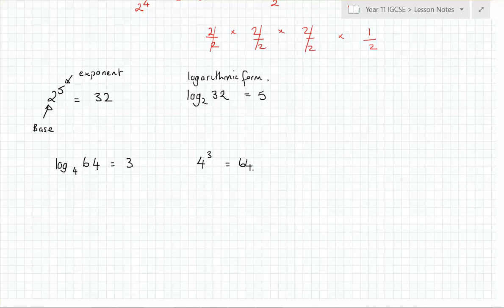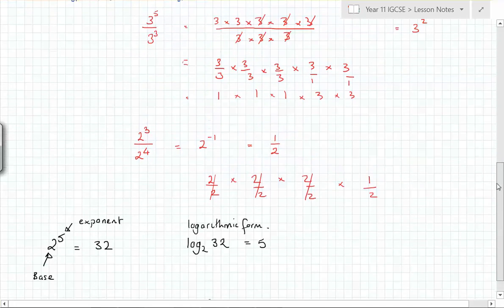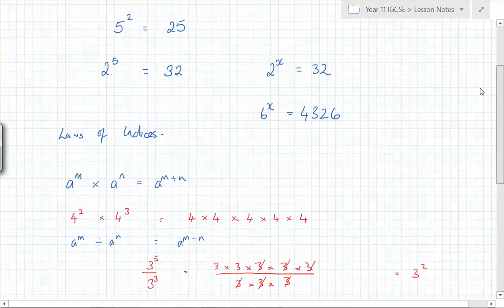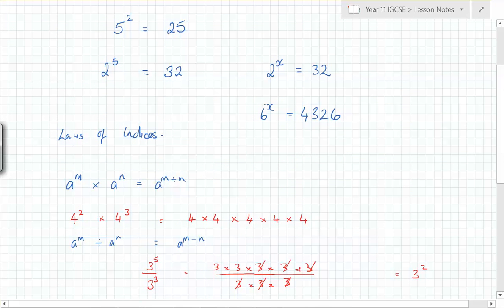Just now, let's see how we've progressed with your understanding. If I go back to this first thing I stated up here, if 6 to the power of x equals 4,326, any ideas what you do already now? Ivan?